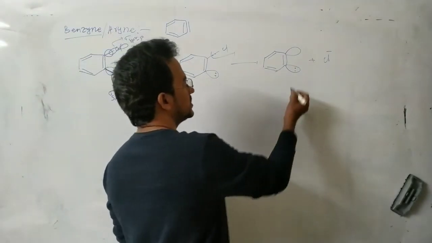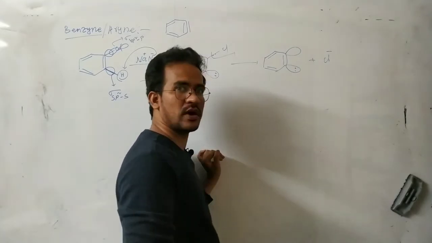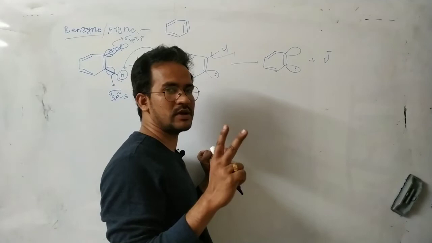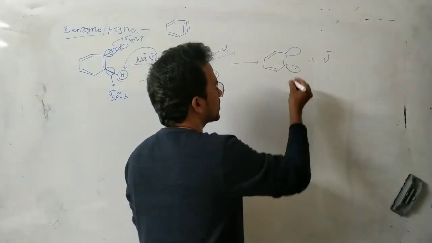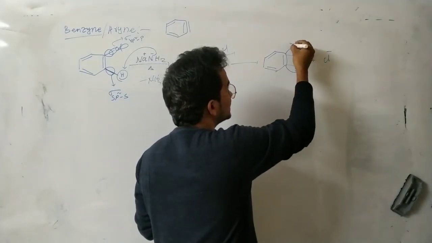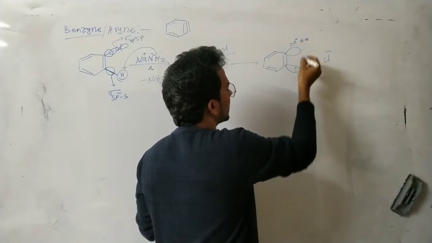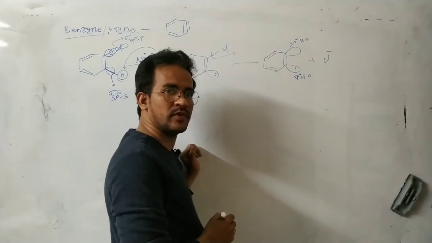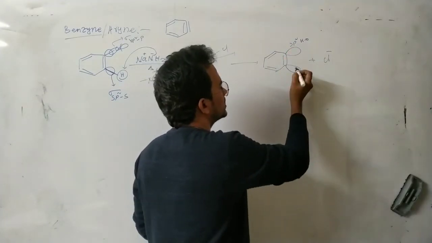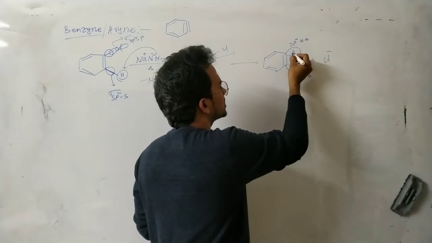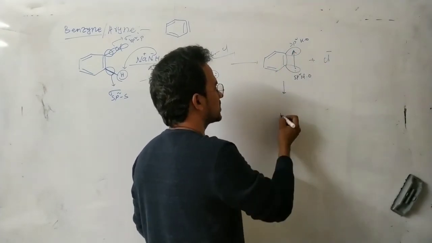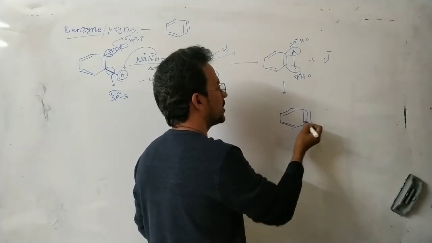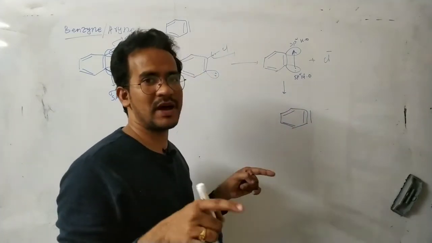So now these two are parallel. The condition for the formation of a pi bond is that those 2 orbitals must be parallel. So now these two orbitals are parallel, one sp2 hybrid orbital and another sp2 hybrid orbital. With the 2 electrons, there is a bond formation. That is nothing but an abnormal pi bond. Why is it called an abnormal pi bond? Because it is not a p-pi bond.